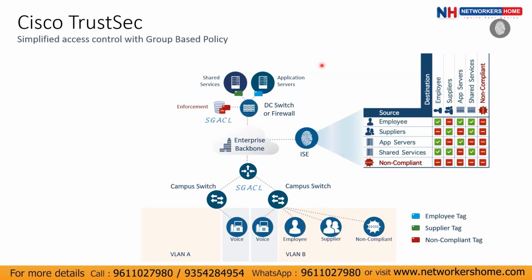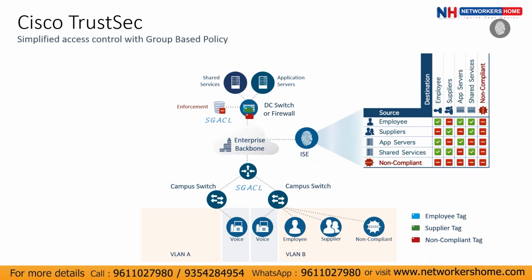So you can see we have employee, supplier, and other devices which are not compliant, or I would say guest users, right? I have all these users in VLAN B, that means VRF B, and I have voice and data in VLAN A, that means VRF A. Based on their authentication, that user gets tagged, and that tag will be used for access control, right?